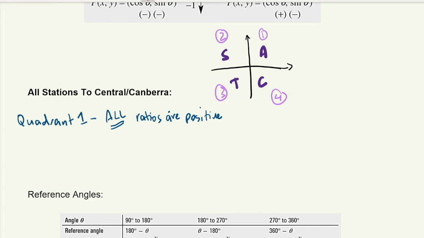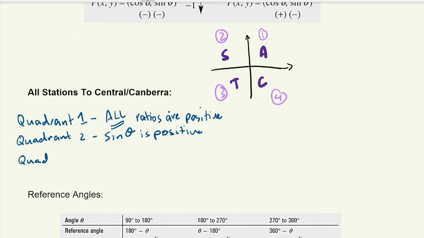In quadrant 2, only sine is positive, so cosine and tangent will both be negative.